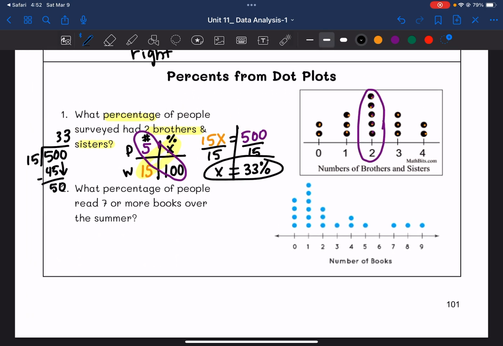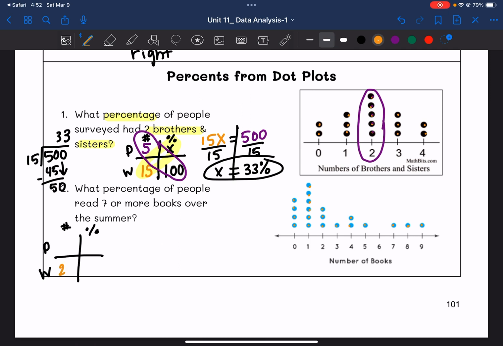Again, first thing you want to do is set up a proportion box. Remember, number here, percent here, part to whole. The first thing that we need to do is count up all the numbers. So 1, 2, 3, 4, 5, 6, 7, 8, 9, 10, 11, 12, 13, 14, 15, 16, 17, 18, 19, 20.